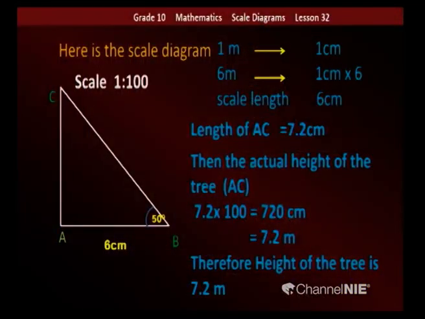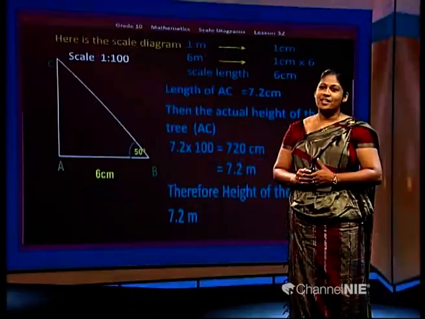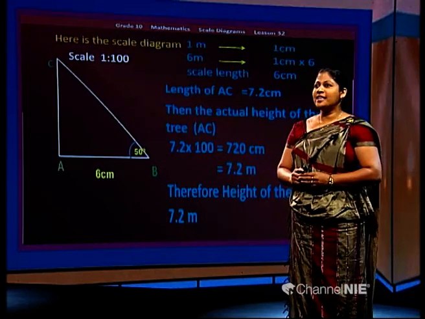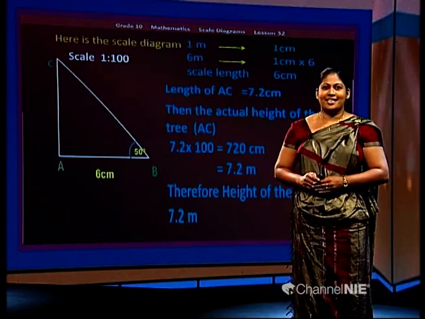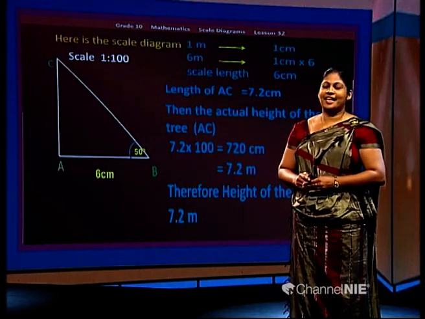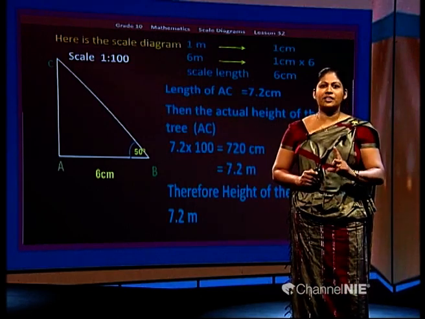I use the scale length 6 centimeters and I have measured the angle 50 degrees, and what I have to do is what? We have to measure the length of AC there. What is AC? I have done it for you. 7.2 centimeters. That is the scale height of the tree.